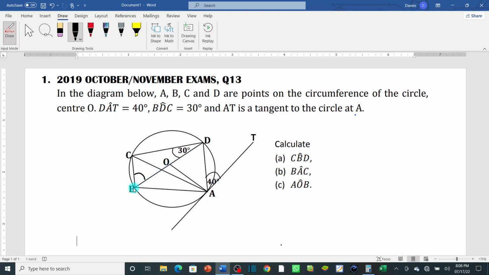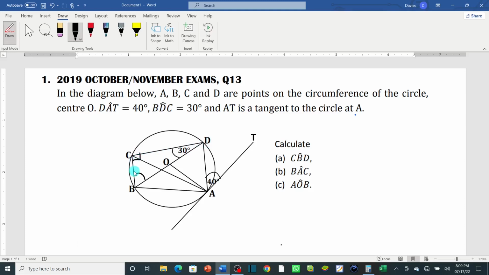So if we have a chord which passes through the center, and then we have an angle in a semicircle like this one here, this angle is actually 90 degrees.